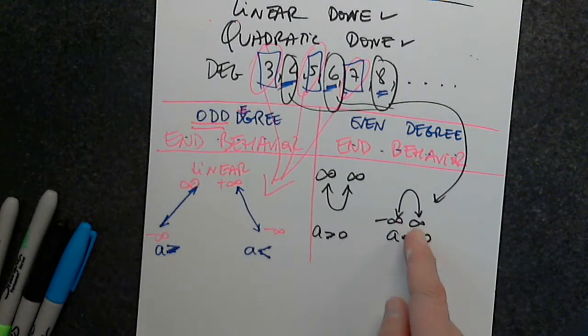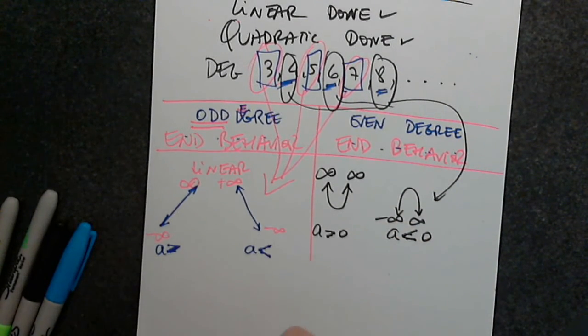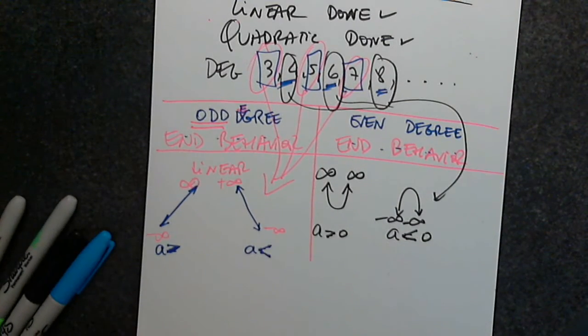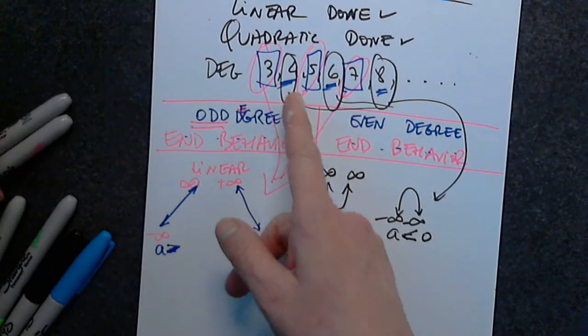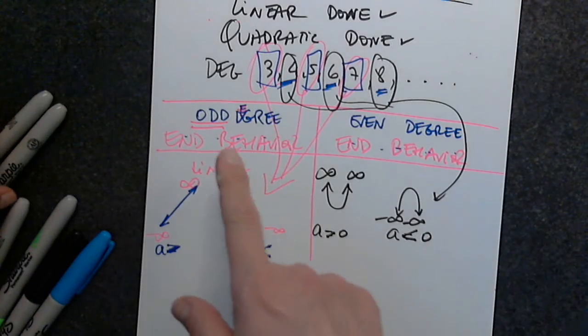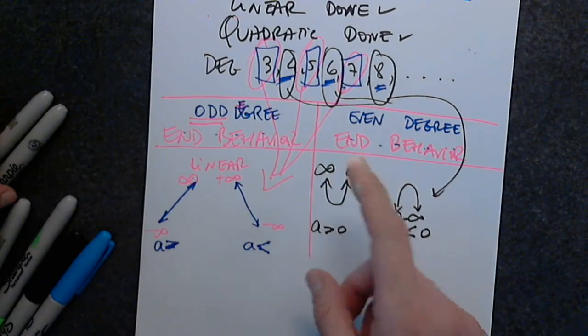If they have a negative leading coefficient, sorry, they come from negative infinity and go back to negative infinity. So this is a topic that is part of polynomial functions, more than here because we already knew the answer, but we don't really know the answer for the other ones, but now we do. So this is a major topic called end behavior.